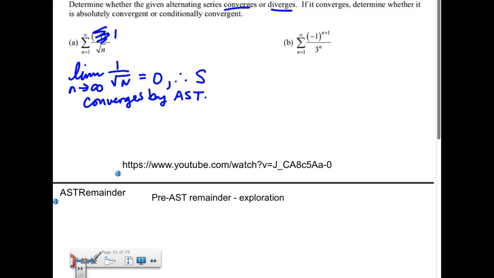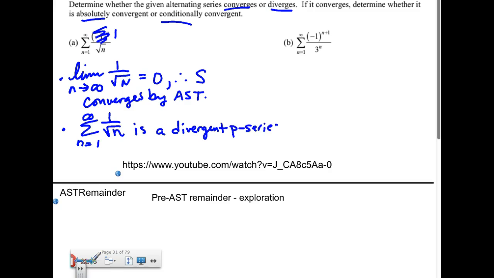To determine whether it converges absolutely or conditionally, I remove the alternator and I look at the series in the absence of the alternator. In the absence of the alternator, this is a divergent P series, because P is less than 1.